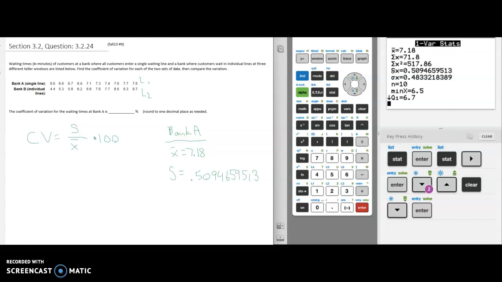We'll need these in order to find our coefficient of variation.